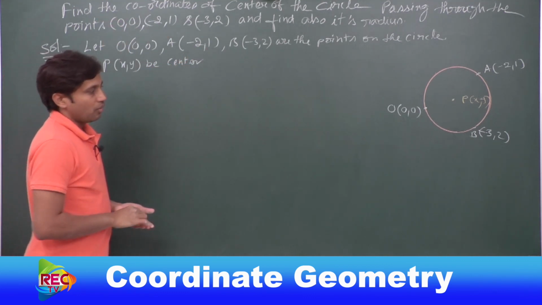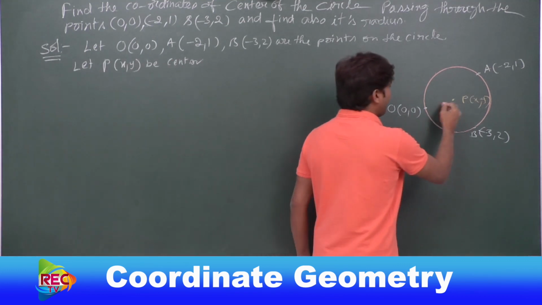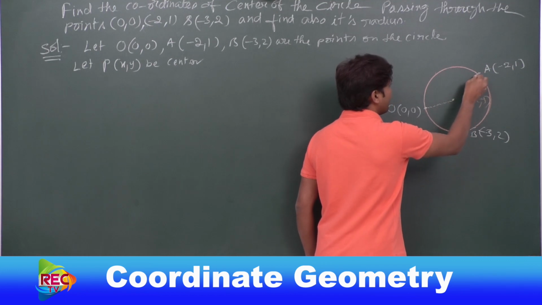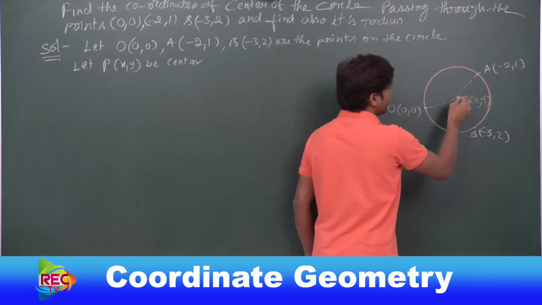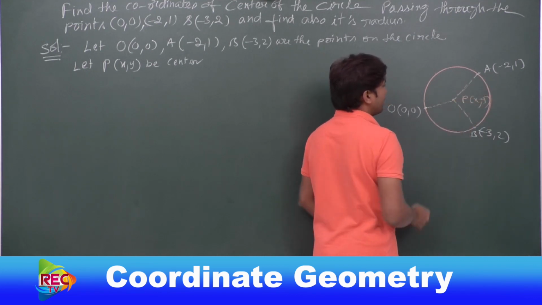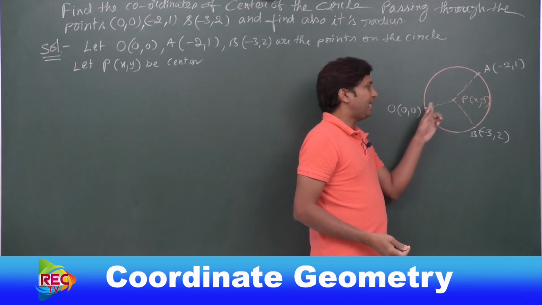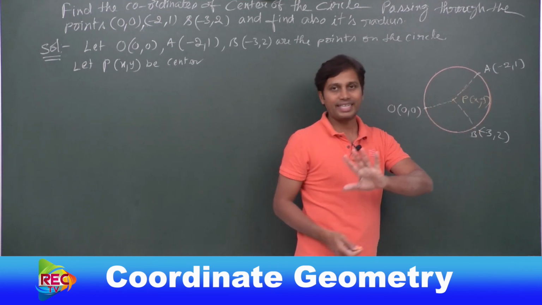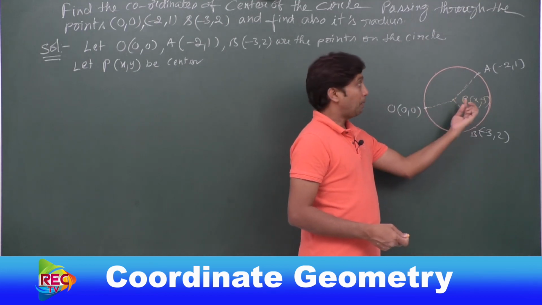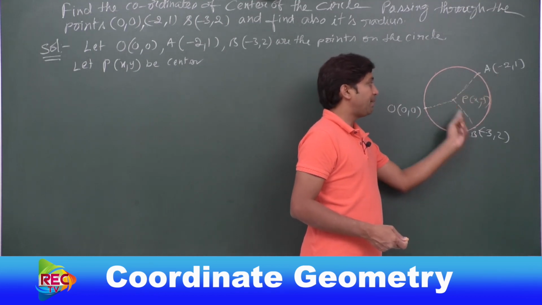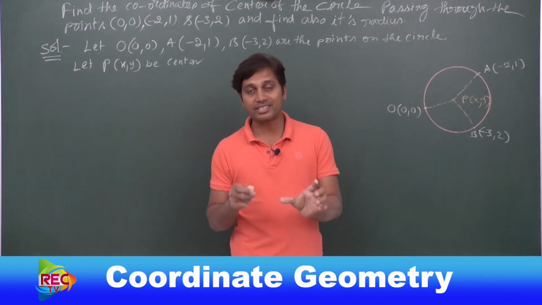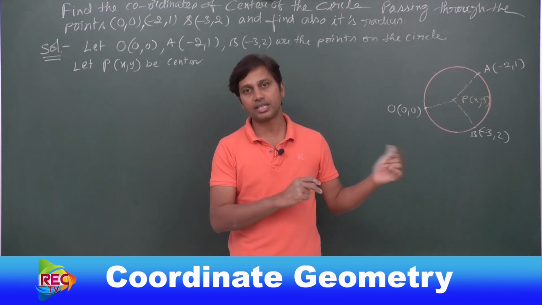Now tell me, what is the property of the circle? Tell me a very basic property of the circle from 6th and 7th standard. The distance from the center to any point on the circumference is called the radius. So here PO will be the radius, PA will be the radius and PB will be the radius. So PO, PA, PB all distances represent the radius of the circle.